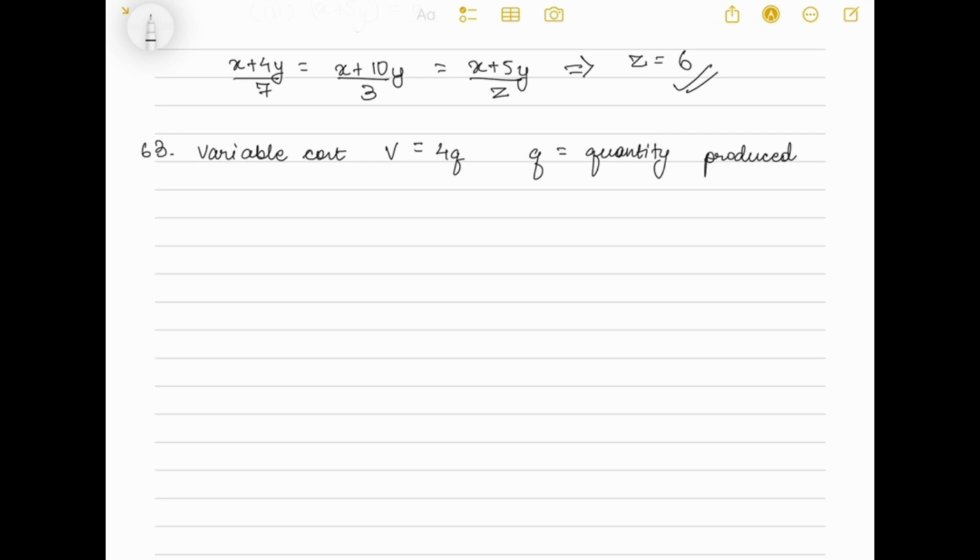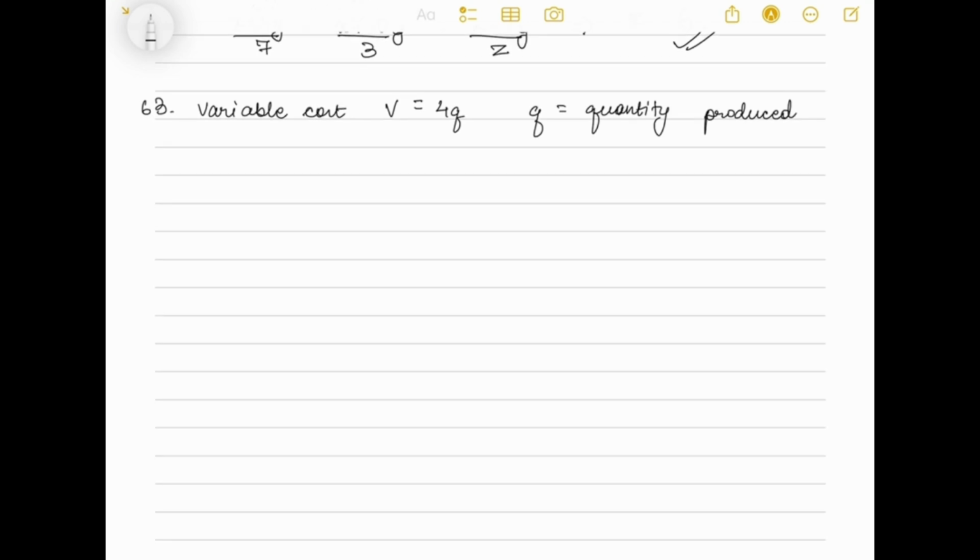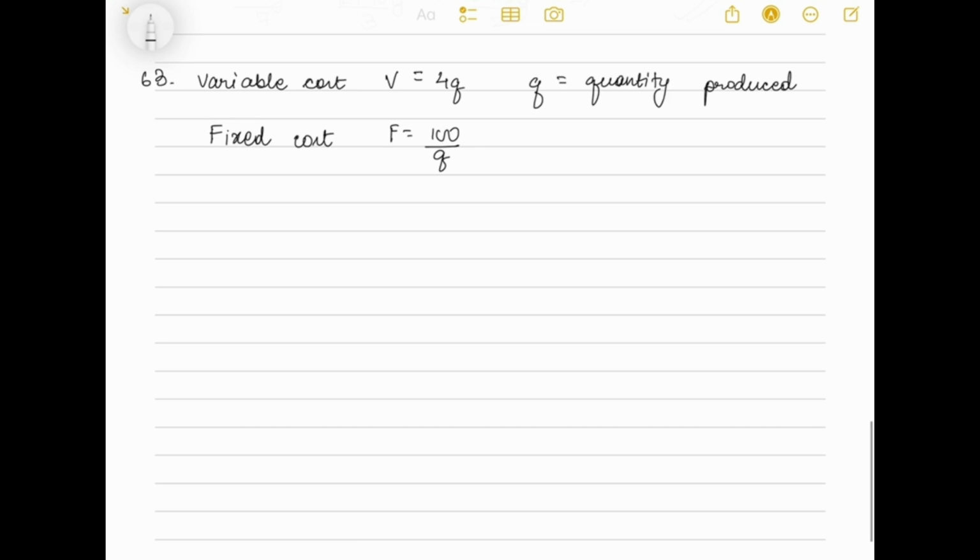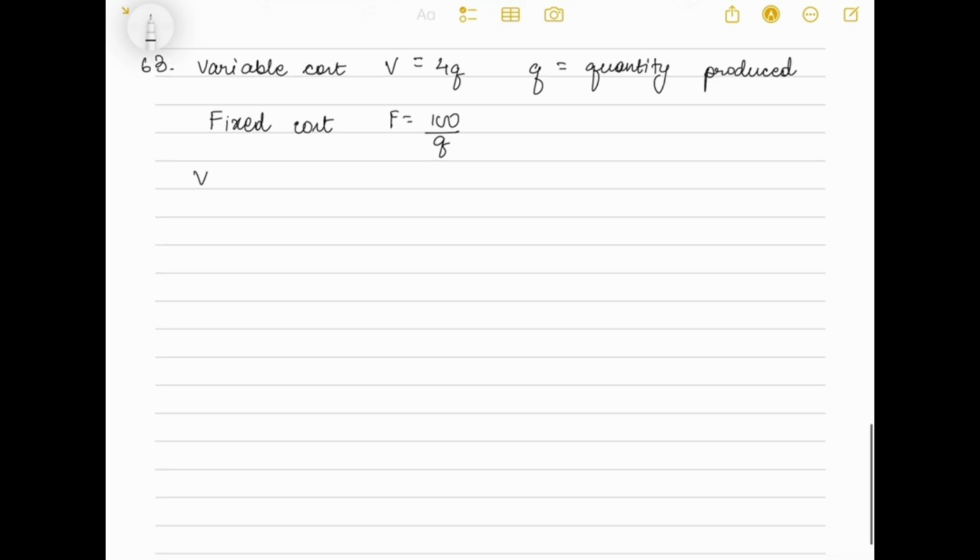Now the fixed cost of production reduces with Q according to the equation F is equal to 100 by Q. How many units should be produced to minimize the total cost of V plus F? So V plus F should be minimum.